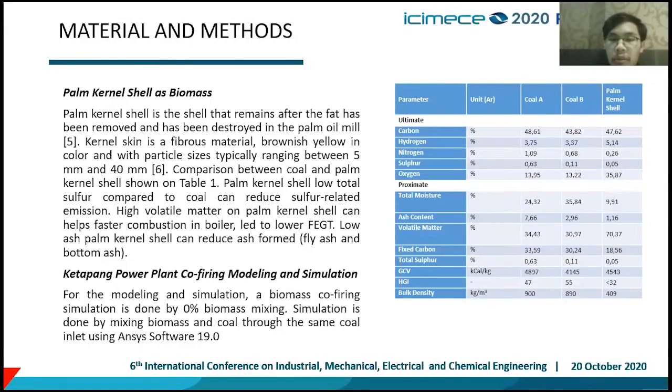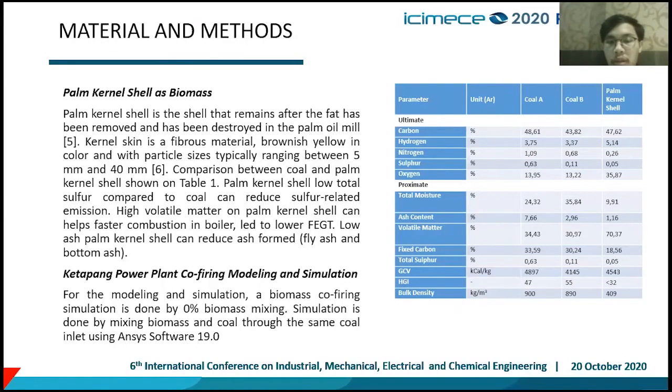For palm kernel shell as biomass, we did laboratory analysis, two types: ultimate and proximate analysis. You can see the result in the table.